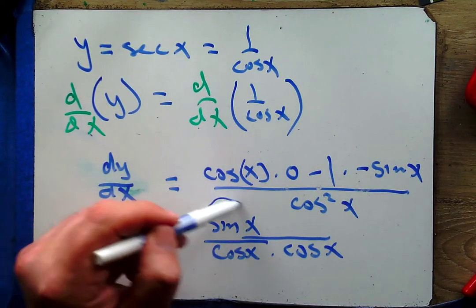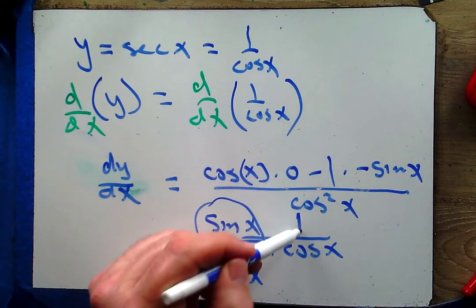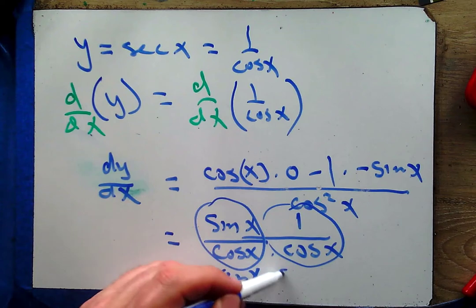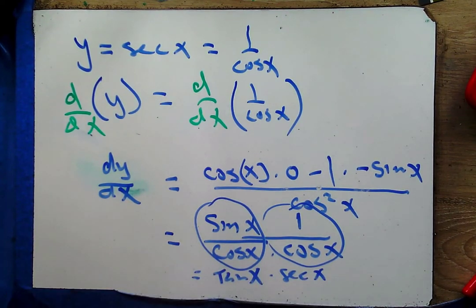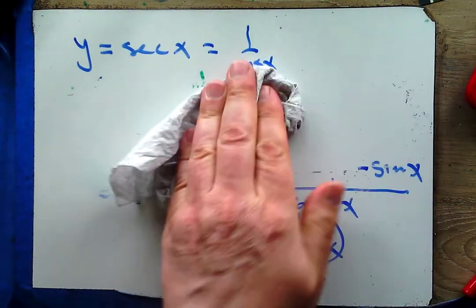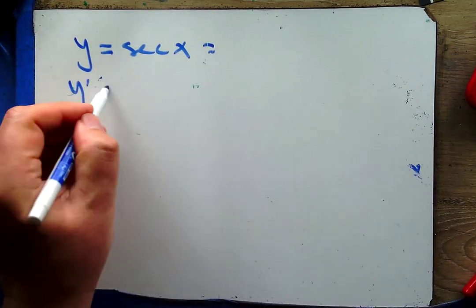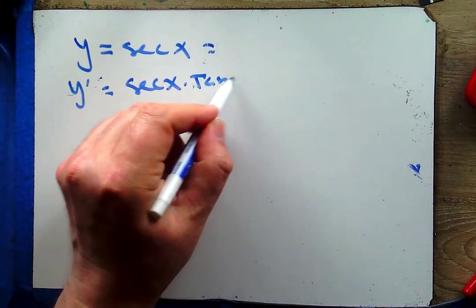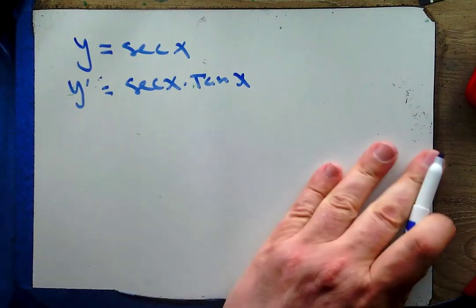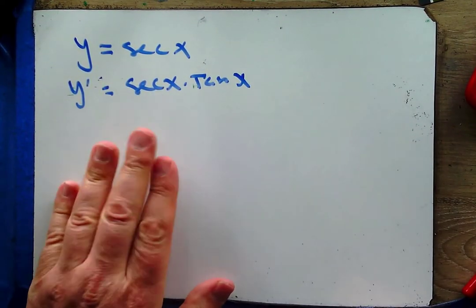Because this is tangent x, and this is secant x. So, what's the derivative of secant? The derivative of secant turns out to be y prime equals secant x tan x. You could certainly write tangent x, secant x, that's fine. But I would simplify it to this.